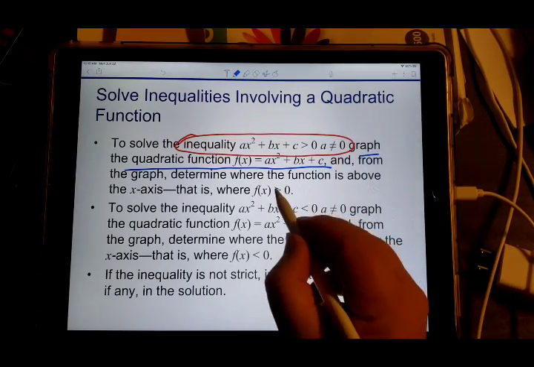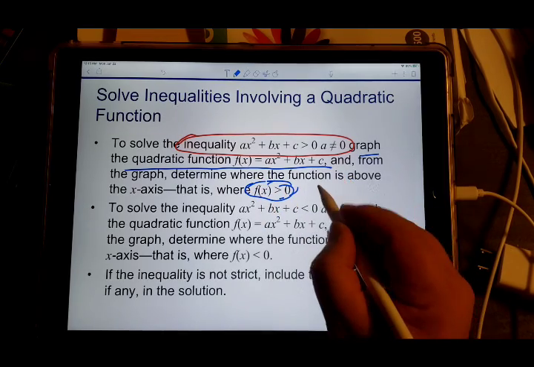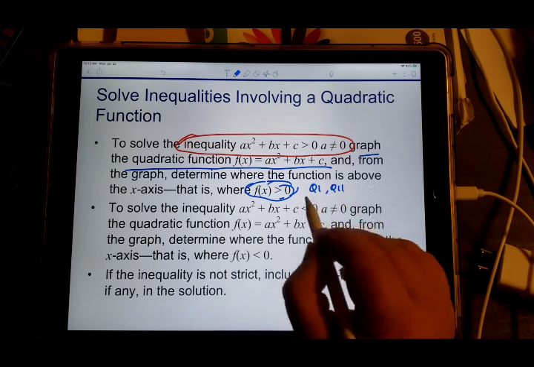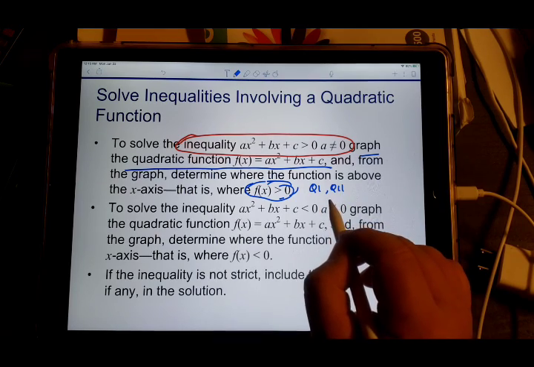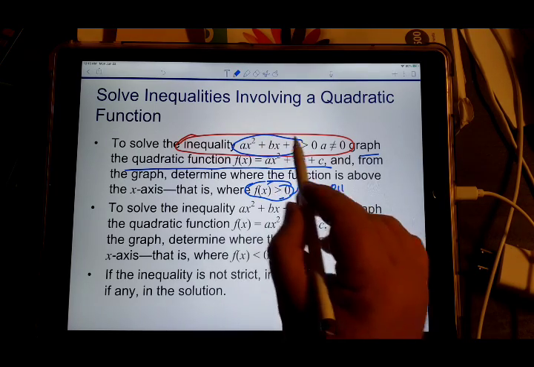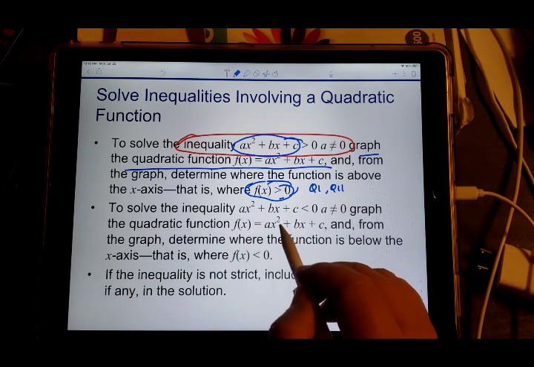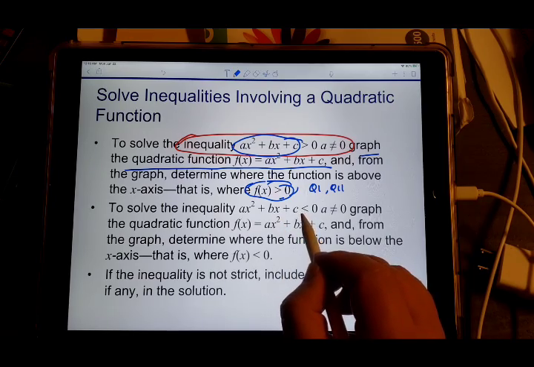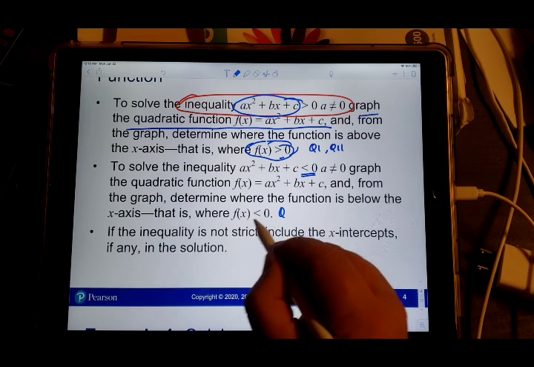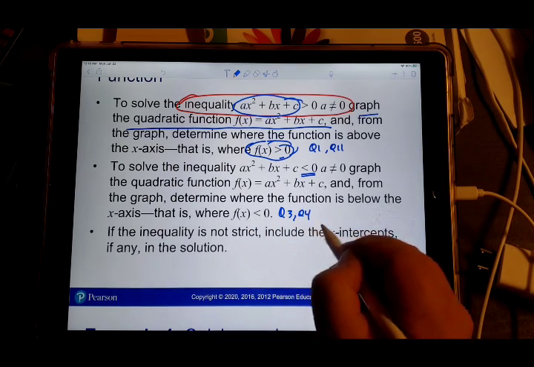If f of x is greater than 0, that would mean it's in quadrant 1 or quadrant 2, where the quadratic function is positive. When they're talking about less than, they're talking about f of x being less than 0, and that's quadrants 3 and 4.